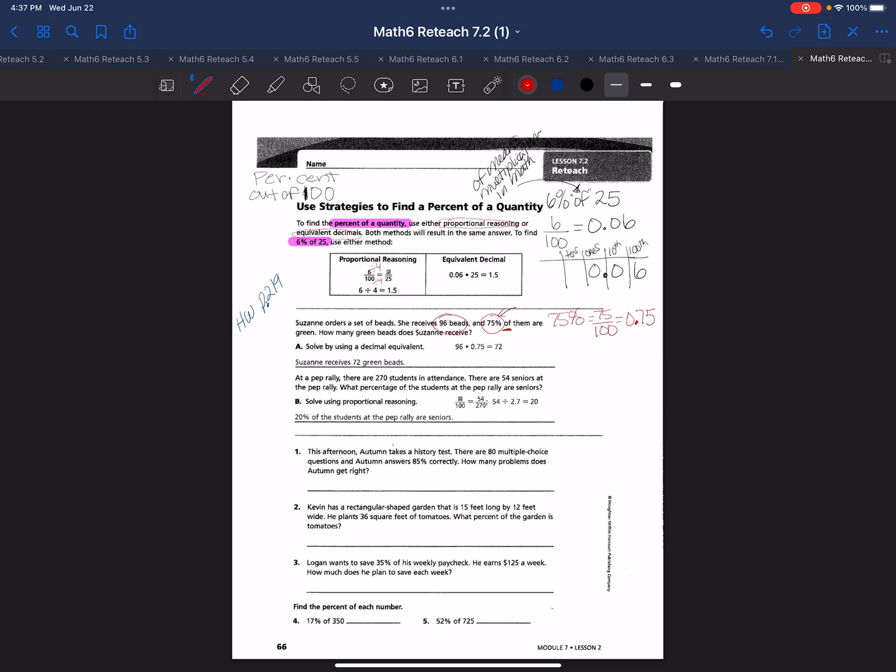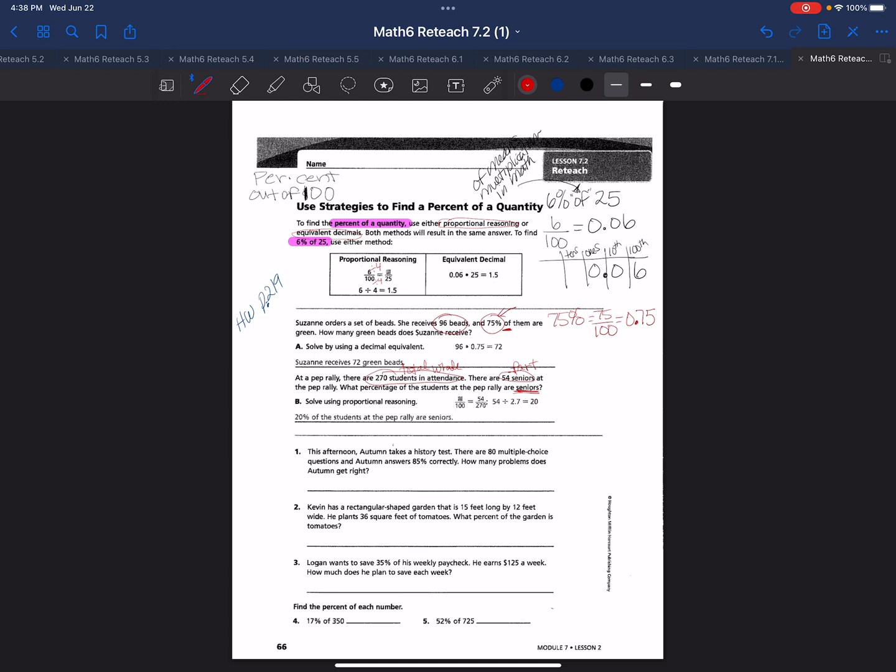At the pep rally, there are 270 students in attendance. So that's your total or your whole amount. There are 54 seniors at the pep rally. We know that's the part, because percent is a part-whole ratio. What percentage of the students at the pep rally are seniors?